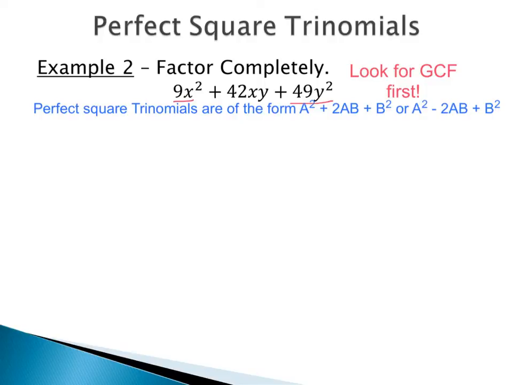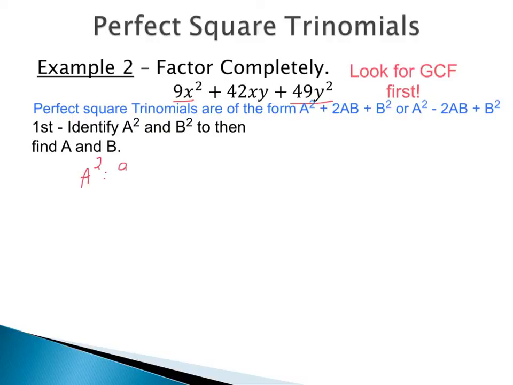So first, to determine if it is a perfect square trinomial, we want to identify what a squared and b squared are. So a squared, in this case, is just equal to 9x squared. And b squared is equal to 49y squared. Once we figure out a squared and b squared, we can then determine what a and b would be. Well, if a squared is equal to 9x squared, that means that a would have to be equal to 3x, because 3 squared is 9, and x quantity squared would equal x squared.